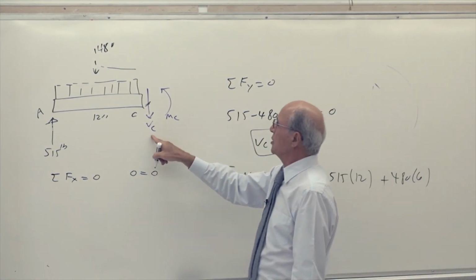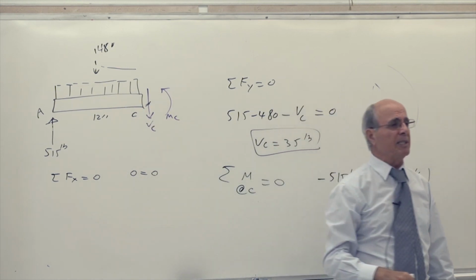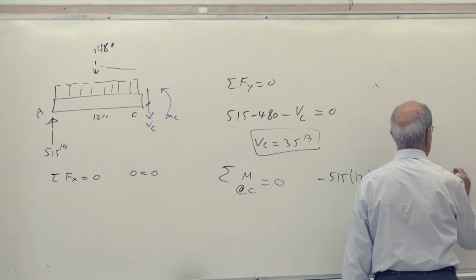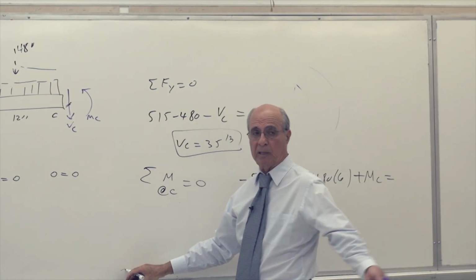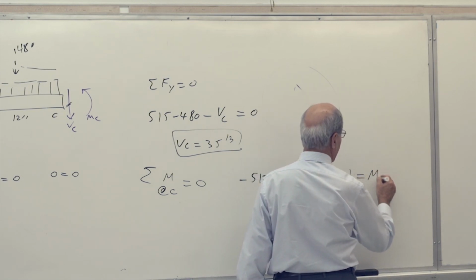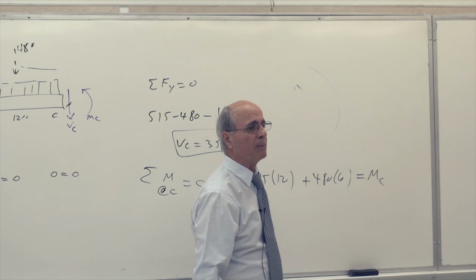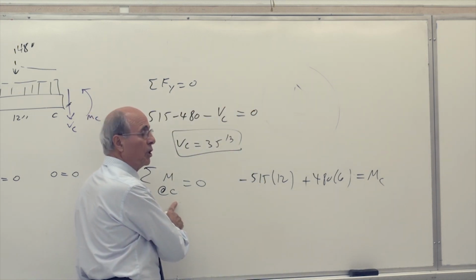Then we come here. Shear doesn't have any moment about here, but we have a MC sitting there, plus MC. Somebody in this class asked me last class, I don't know who it was. They put it equal to MC, wrong again. Summation of the moment about point C equal to 0.